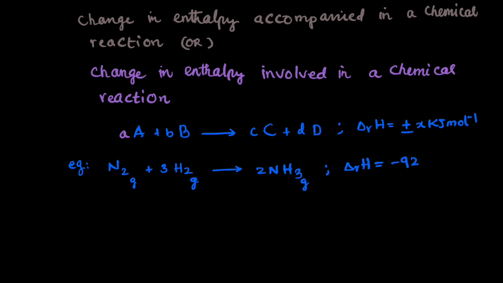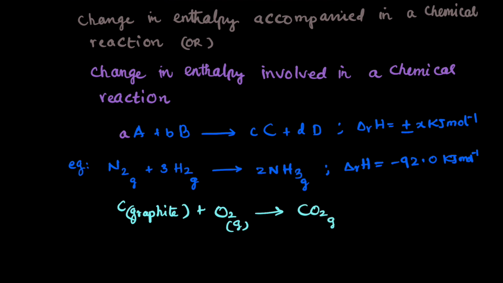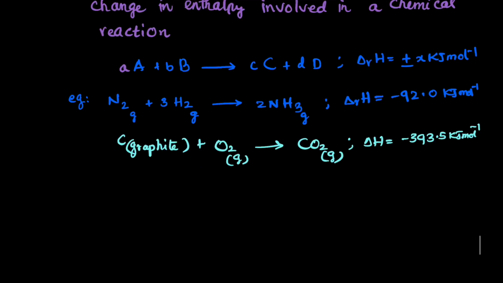Enthalpy of reaction is minus 92 kilojoule per mole. Similarly, you can write any other reaction also. For example, carbon, that is graphite in solid state, plus oxygen, which is a gas, gives rise to carbon dioxide. Enthalpy of reaction is minus 393.5. This is an exothermic reaction.